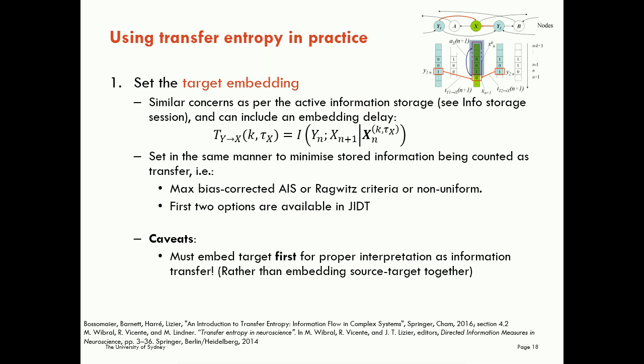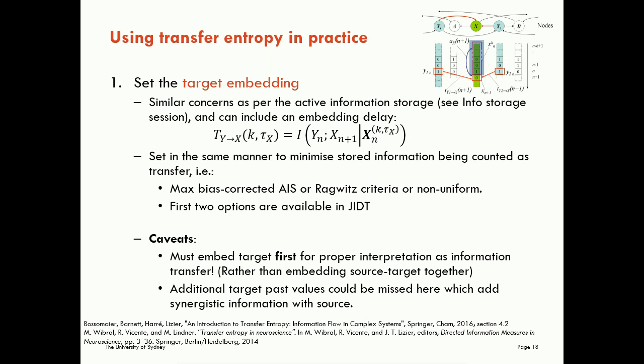If we don't do that, then we have not given priority to the information storage first. As we've been discussing, from our perspective of information processing, we prioritize measuring the information storage first, and then the transfer as a second step after that in our modeling of the dynamics. So we must embed the target first, so we properly measure information storage first and then measure transfer. That's very important.